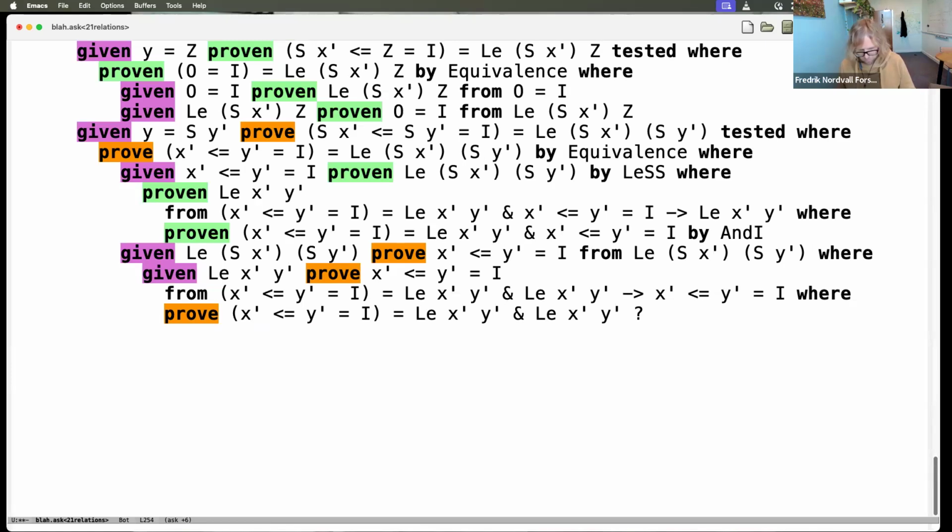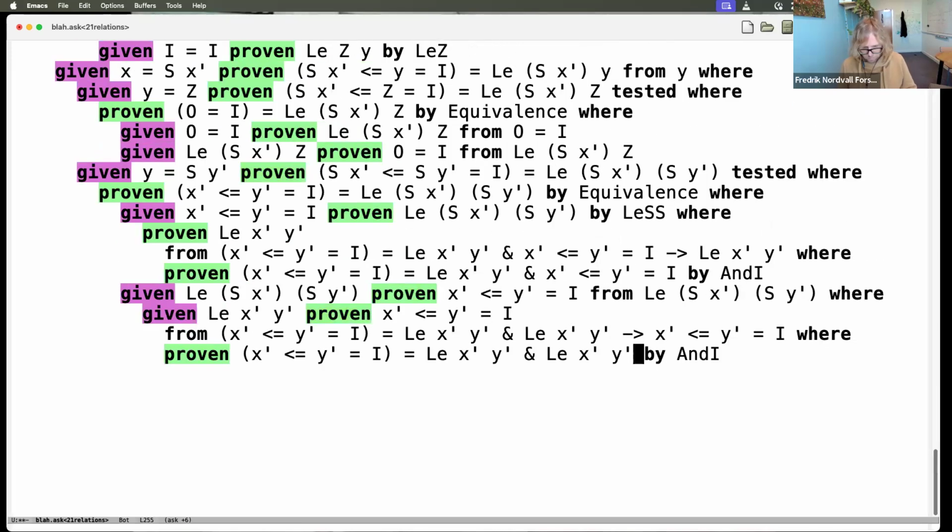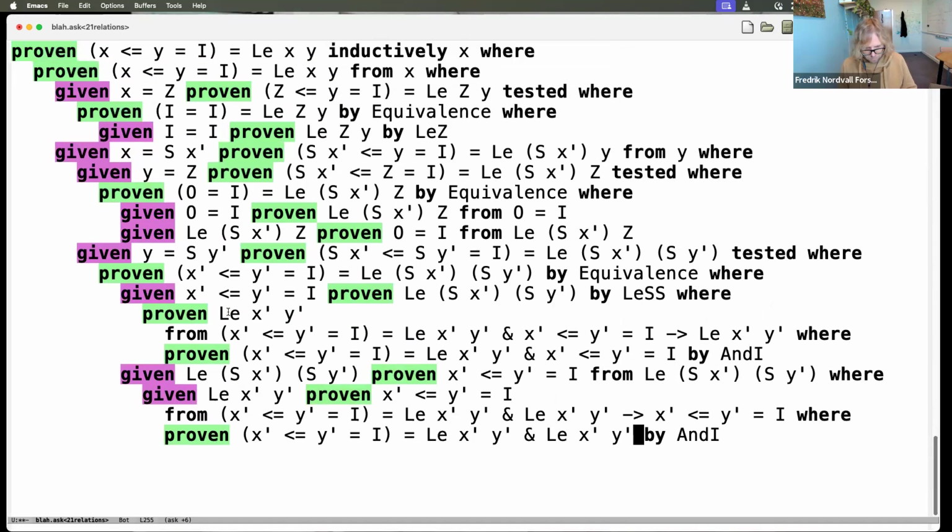And again, it accepts that that implication is okay because we proved it earlier for general purpose A and B. And now I've got two things to prove, and I'll split them up using and introduction. And they're both true. One of them's the induction hypothesis, and the other one is the assumption that I was just given.